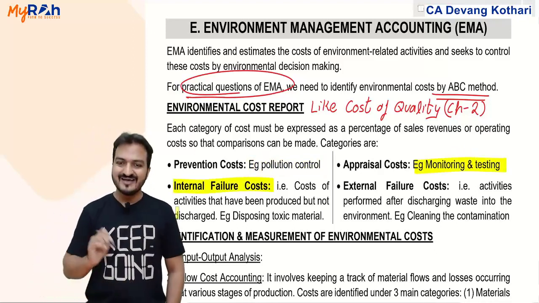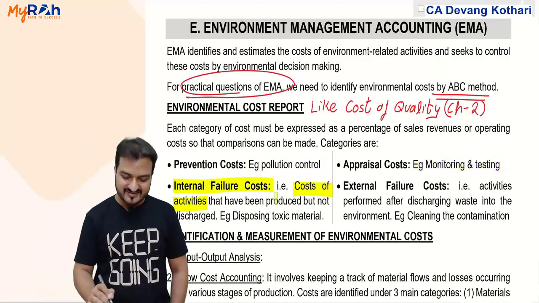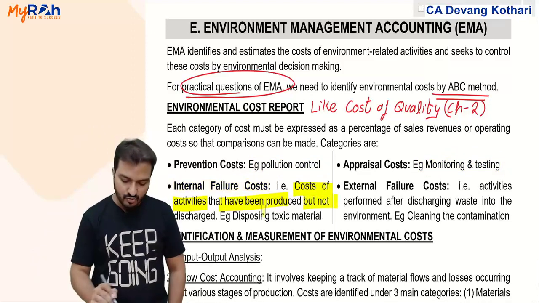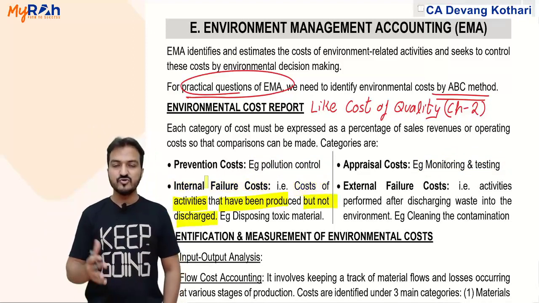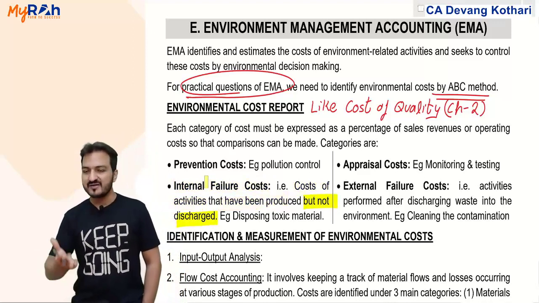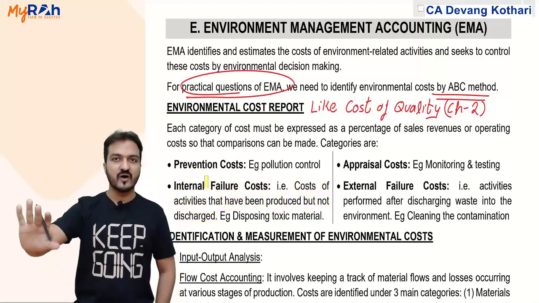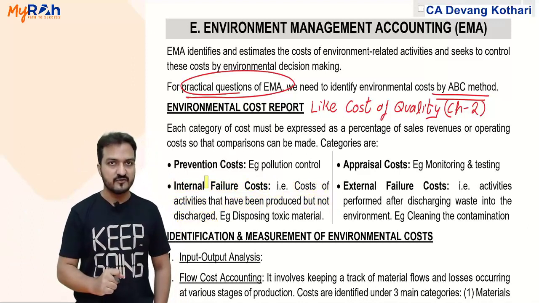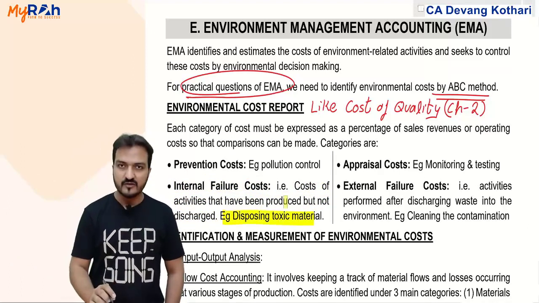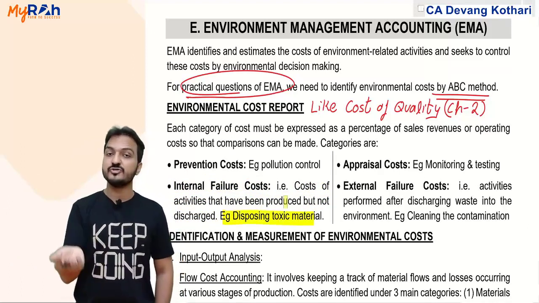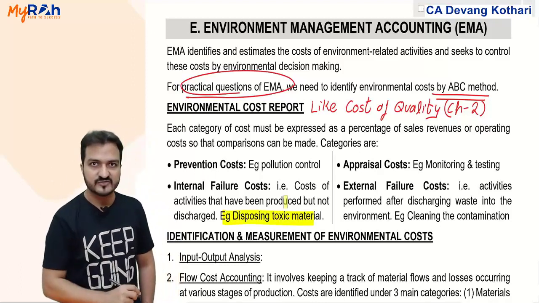Internal failure costs are the cost of activities that are produced but not discharged. You produce some toxic waste, but that waste is not discharged into the environment. You are treating that waste yourself. That is my internal failure cost. You will incur the cost because you have to treat that toxic waste.